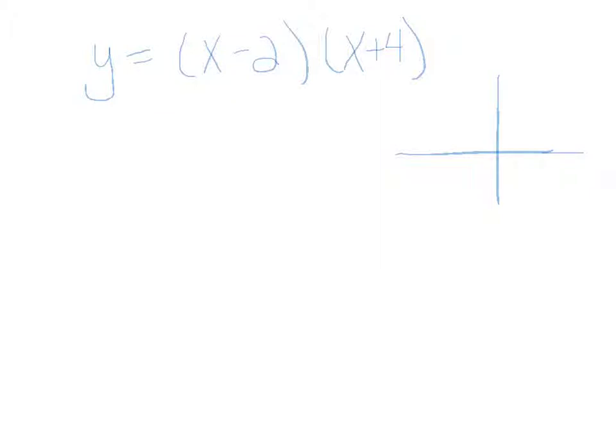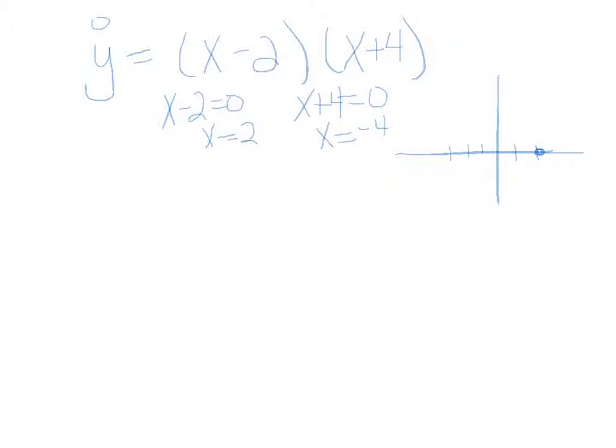If we're looking for the x-intercepts, we want y to be 0. The only way for y to be 0 is if one of the terms is 0. So either x minus 2 equals 0 or x plus 4 equals 0. So x is either positive 2 or x is negative 4. So we could go ahead and put in our intercept points.